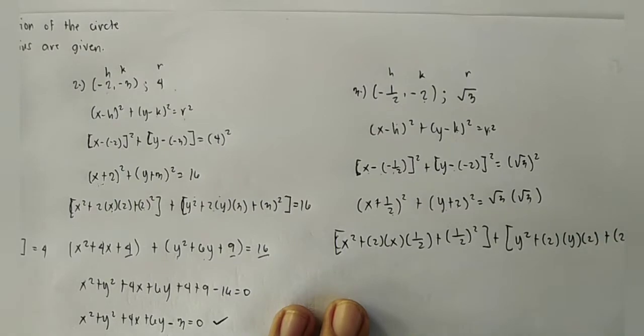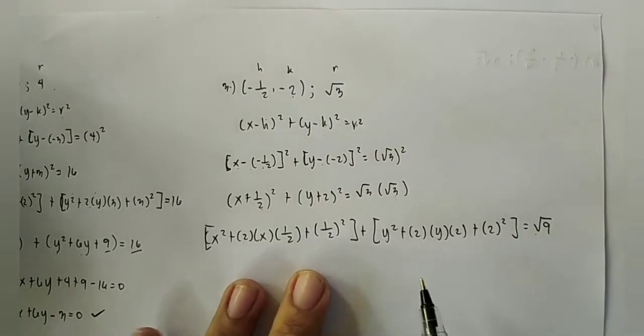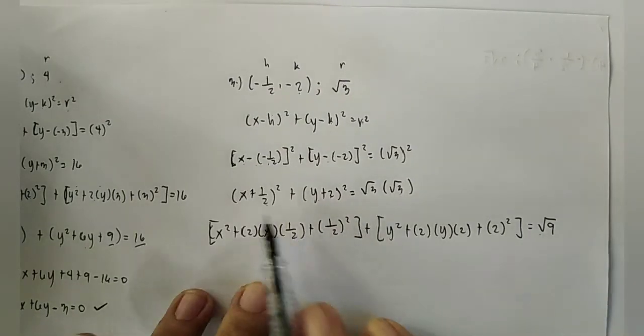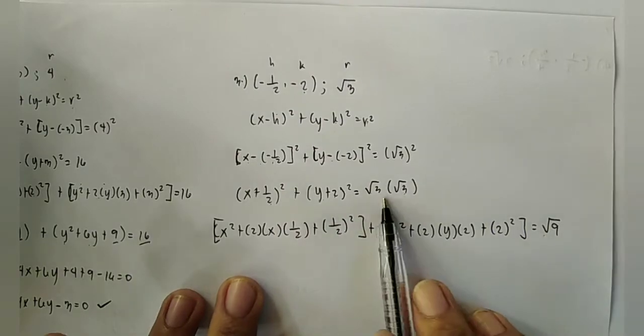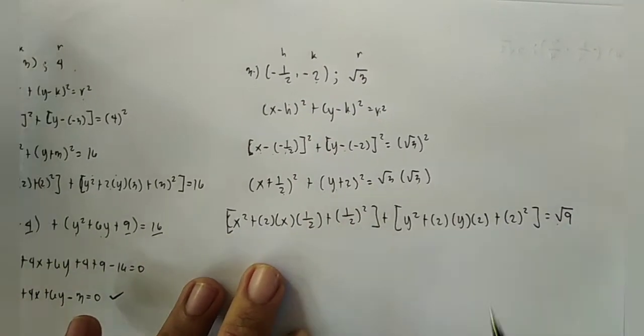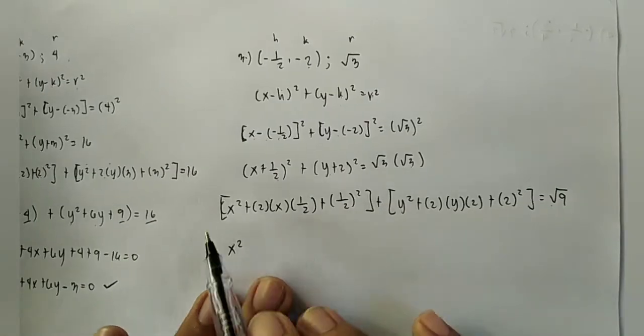So we have now this form after we expand the binomial square here, and then we simplify this one. So let us proceed. X squared, rewrite x squared here.